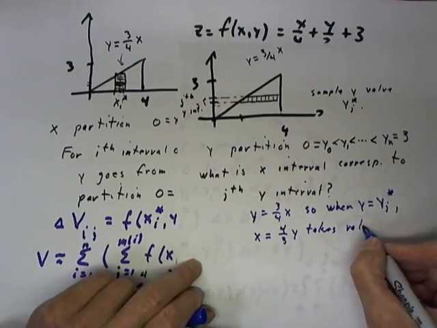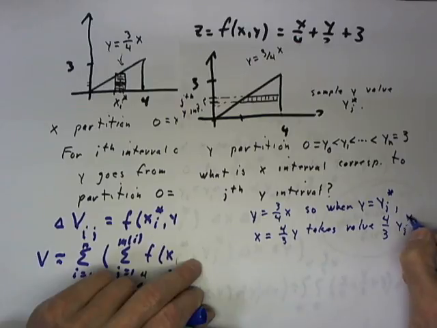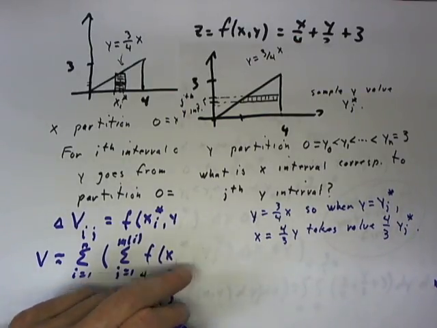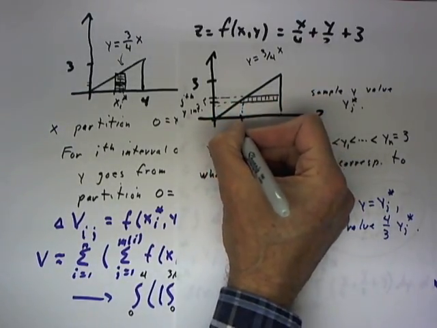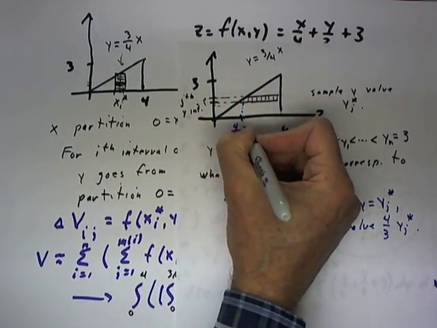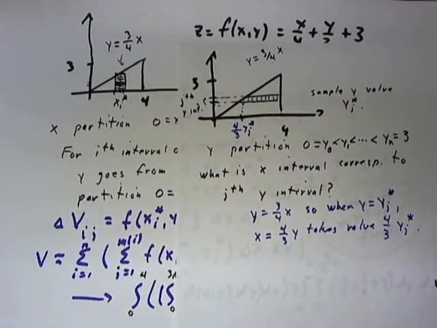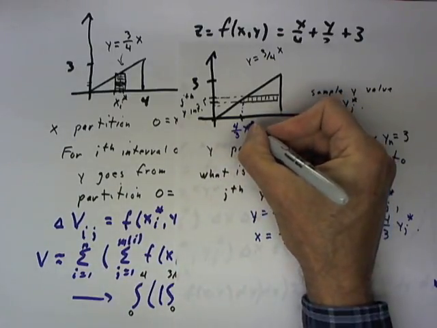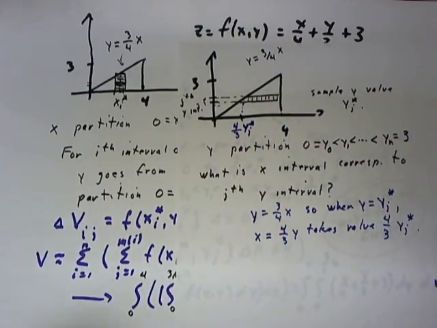Takes the value 4/3 y sub j star. So we partition the interval from 4/3 y sub j star to 4.